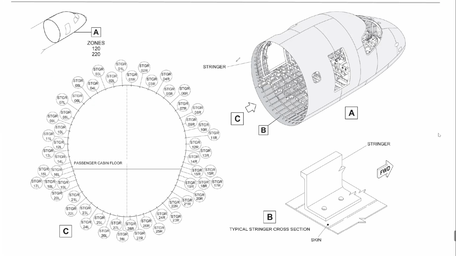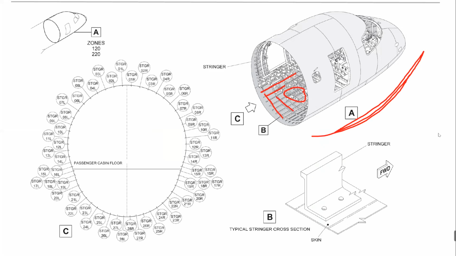And if you have a look at this nice picture here, you can see the structure. You can see the frames, you can see the stringers, you can see here the cabin floor structure, these beams and spars, sorry.